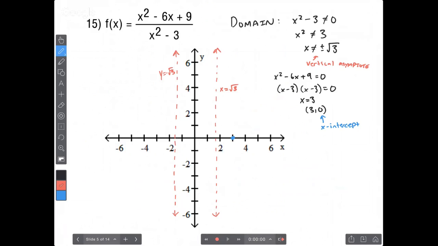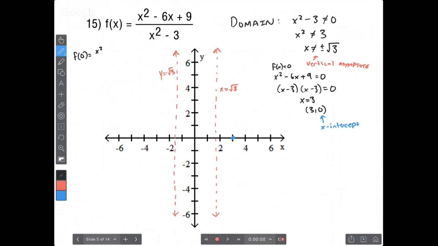And let's see. Plug in 0. Let's say f of 0. Where will f of x equal 0?